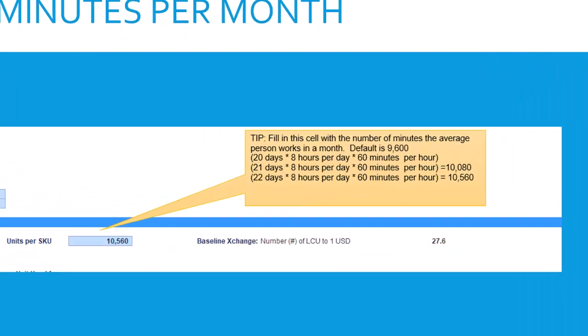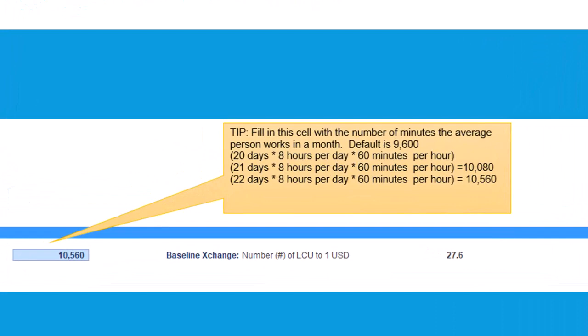So for example, we put in this tip, if you have a standard 20-day working month, that's 8 hours per day, that's 60 minutes per hour, then you'll see that would be about 9,600 minutes. That would be your default. If, however, you have 21 days, 8 hours per day, and 60 minutes per hour, that would be 10,080 minutes per month. If you had 22 days, then you would have to put in 10,560.